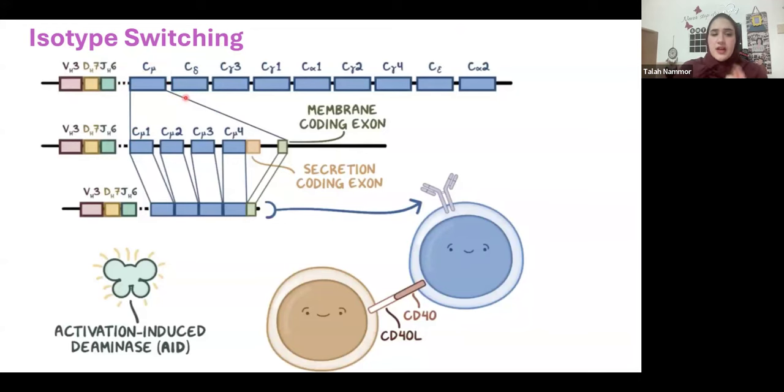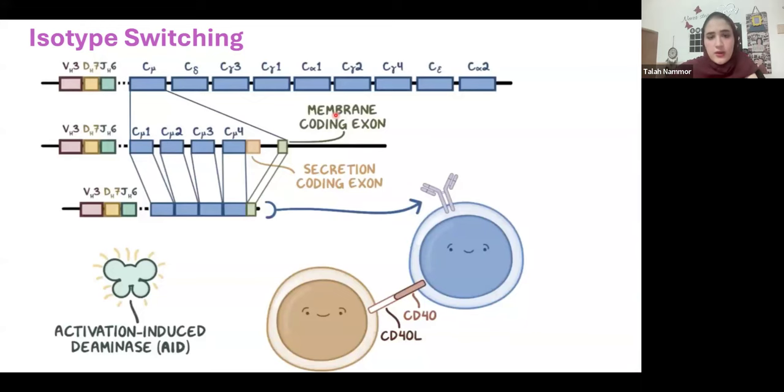What happens in isotype switching is that the AID, activated by the interaction between the CD40L and the CD40, is going to cause variation in the constant. So the constant chain is what's changing, and the variable is going to stay the way it is.